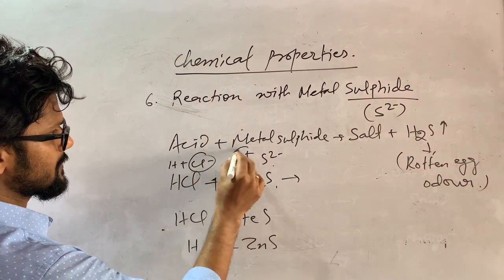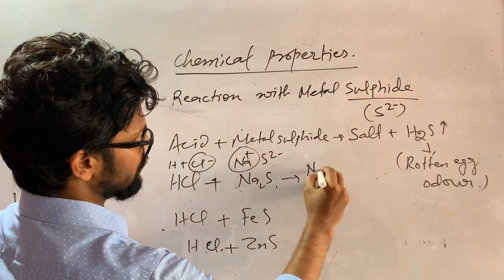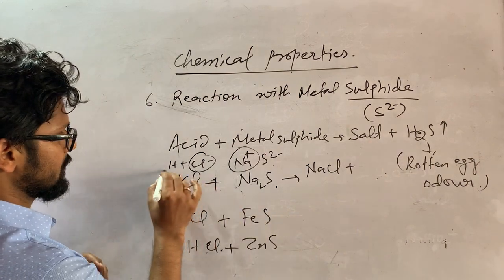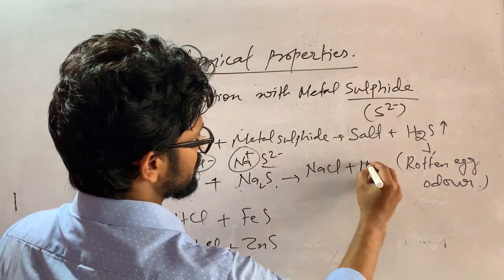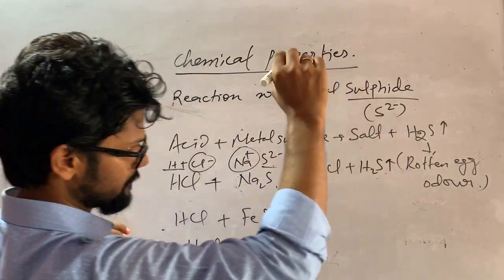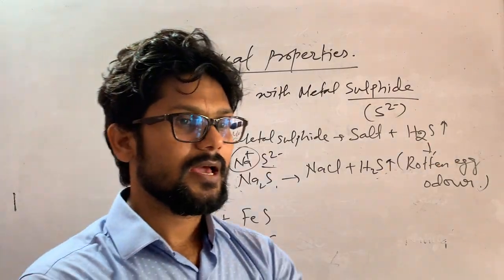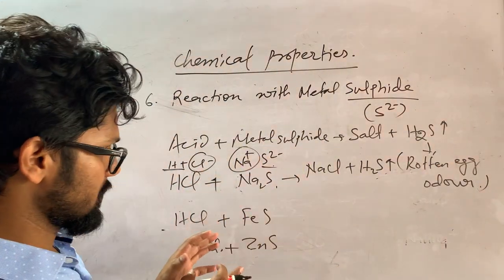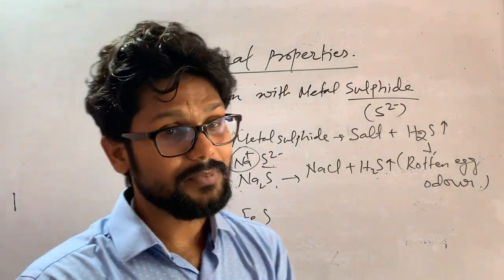Positive of the second will go with the negative of the first, will give NaCl, and these will give H2S gas. Up arrow means it is gas. The next reactions you have to practice.